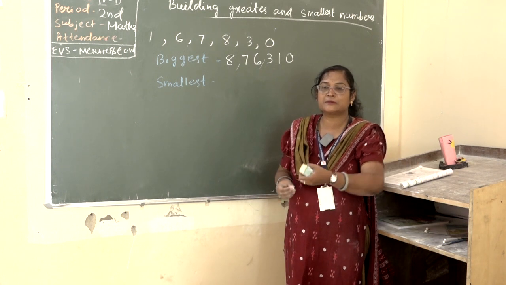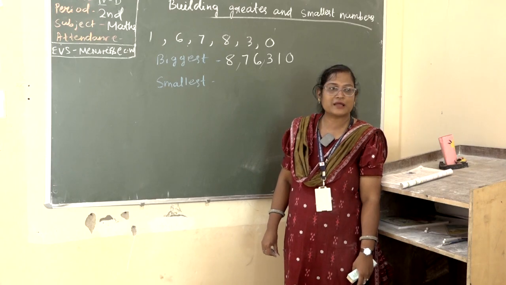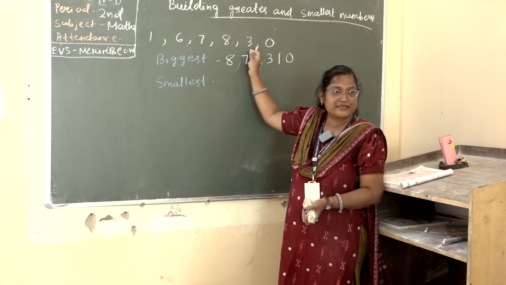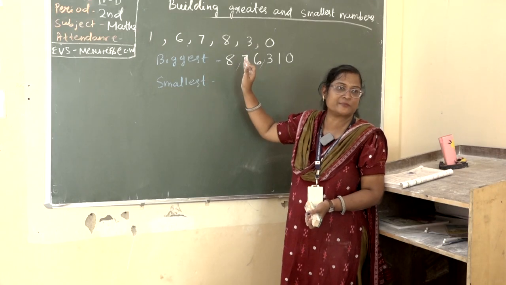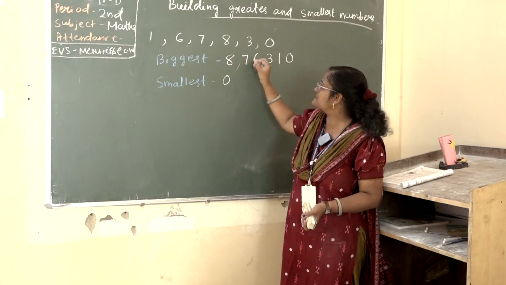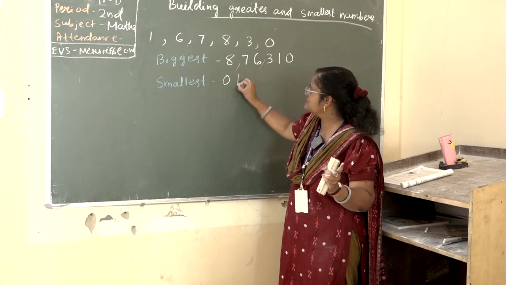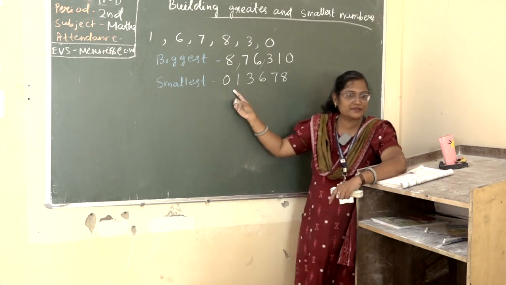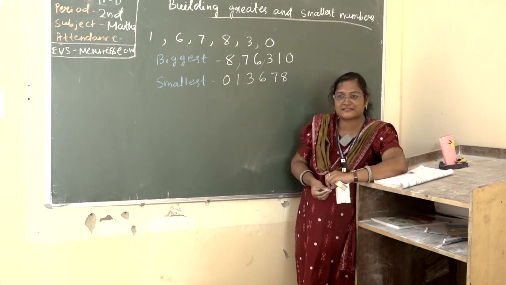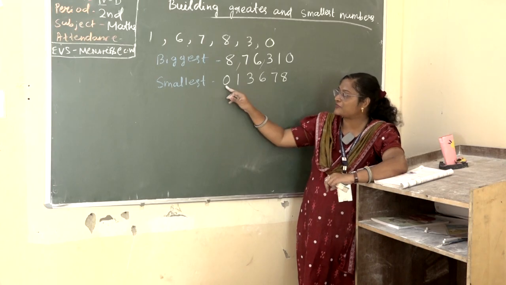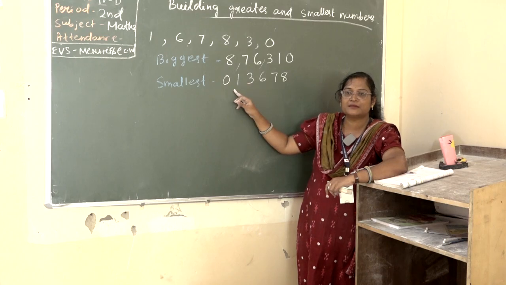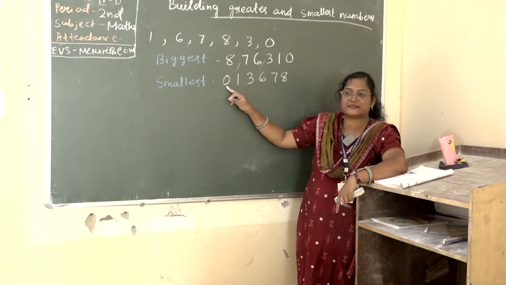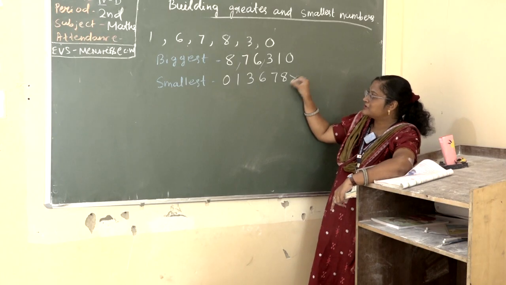Why will we not write 0 first? What will happen if we write 0? If we write 0 first, because 0 is the smallest number here. For the smallest number, what did I say? We have to arrange in increasing order. If I write 0 first, like 0 1 3, and after that what will come? If I write like this, how many digits is the number? 5 digits. It is not a 6 digit number, right? But we have to form a 6 digit number. So we should not write 0 in the first place. This is wrong.